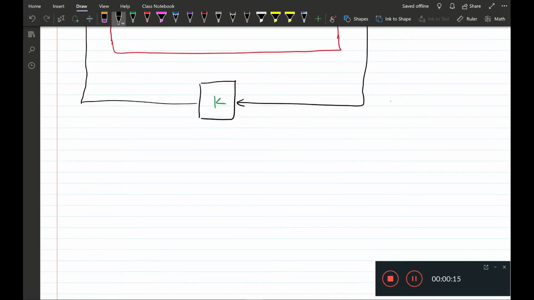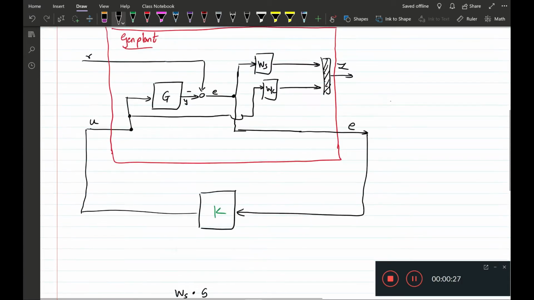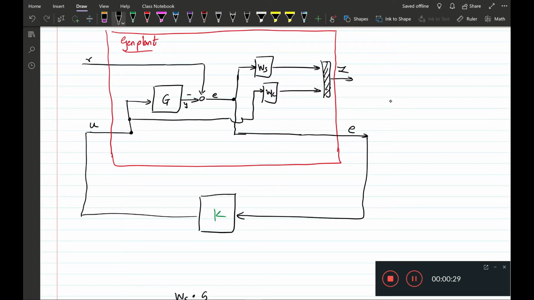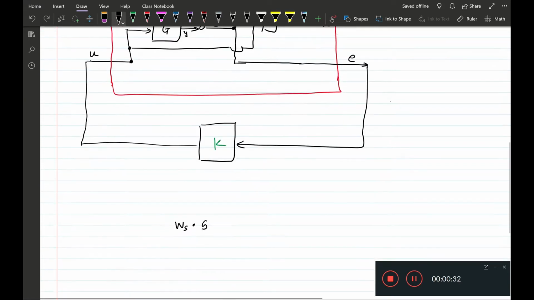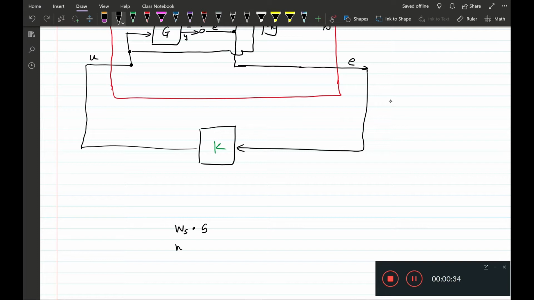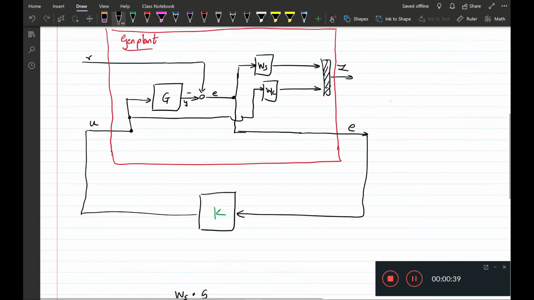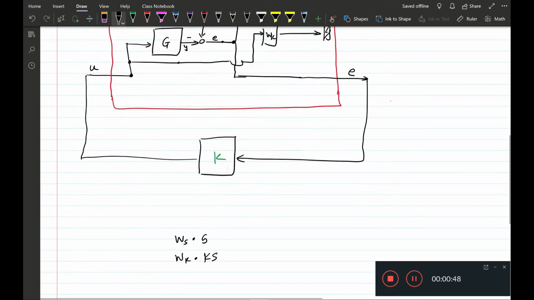The closed loop transfer function is WS times the sensitivity, because the transfer function from R to E is S, and then we have WS going out in the first channel, and then the second channel is WK times the control sensitivity. Again, from R to E is S, from E to U is KS, and then you have WK multiplied.